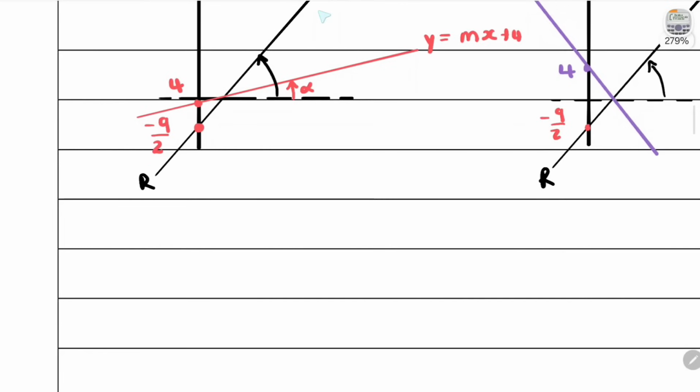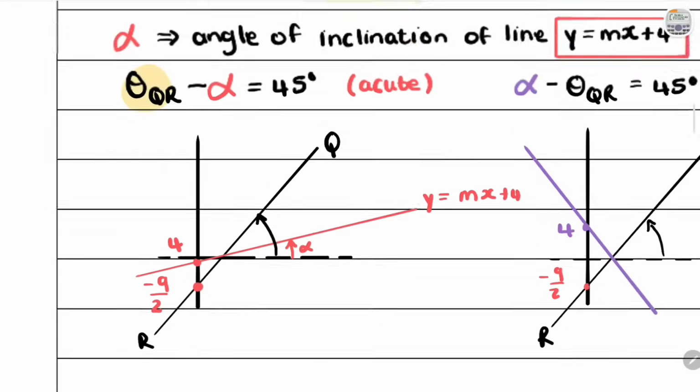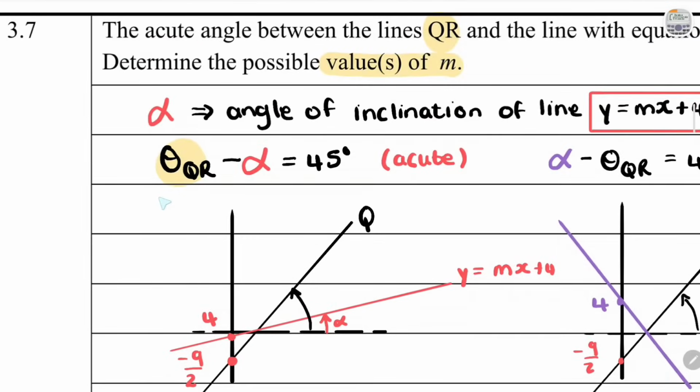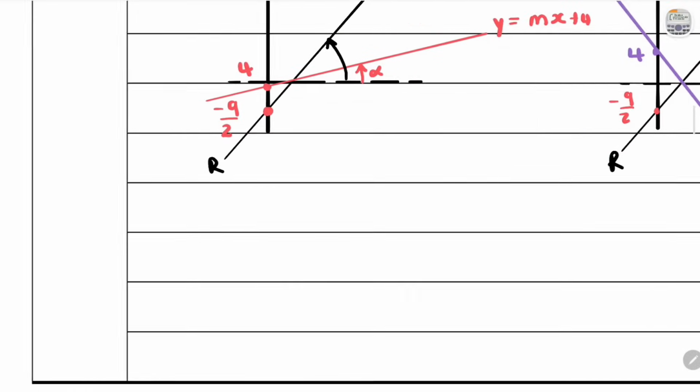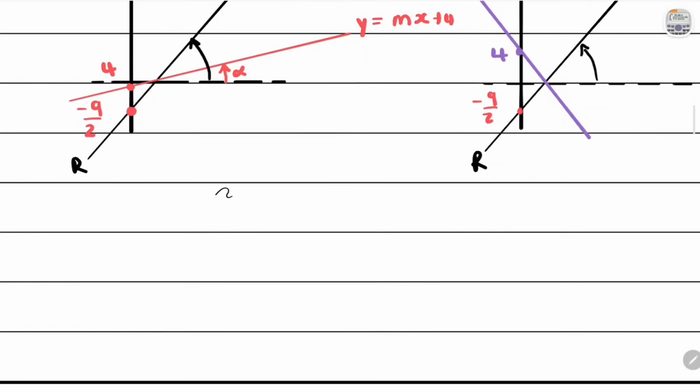So the two cases of alpha: let's just do the calculation over here. We're saying that 56.31 degrees minus alpha is equal to 45 degrees. Let's find the acute one first, so we can find that reference and see whether it should be obtuse or acute.